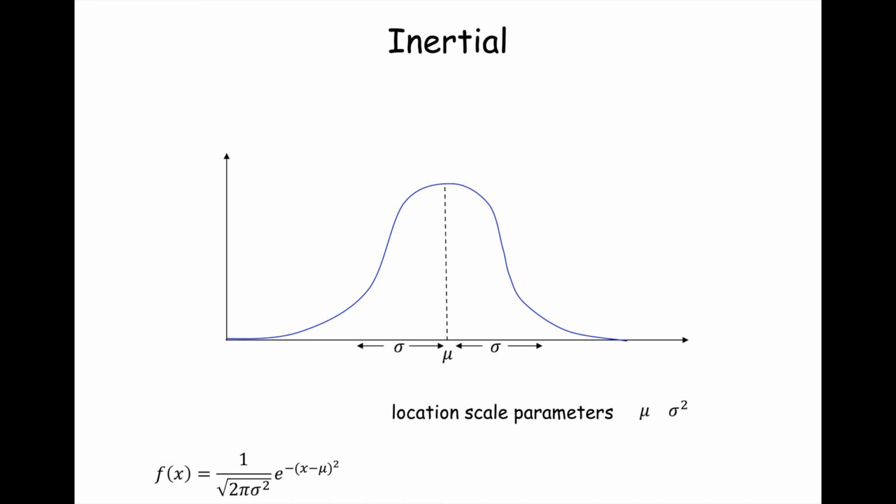So when you talk about a model, they'll say, oh, the normal distribution is a location scale model, right? You can either shift the location or make it more spread out. But the Poisson is just a shape model, meaning that you can only affect the shape, make it more lopsided to one side or the other, depending on the value of lambda, the rate. Okay? All right. Any questions about this?